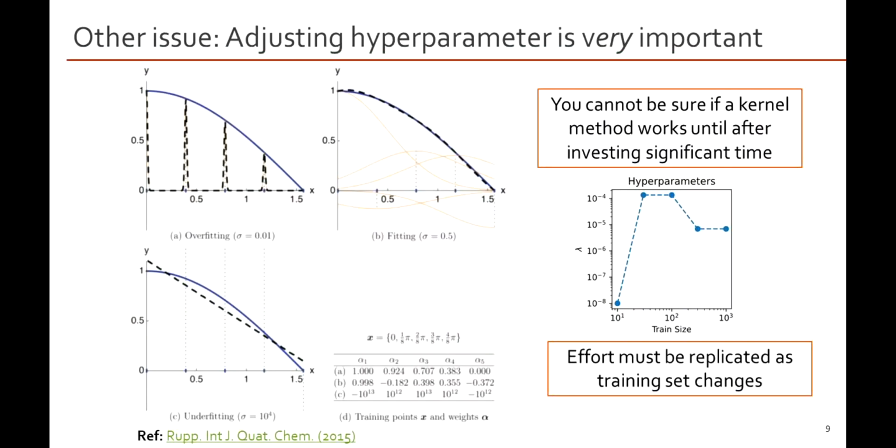Another problem with kernel ridge regression is that you have to be very sensitive about how you choose the hyperparameters for a model. And this is described well by a review paper from Matthias Rupp, where he shows a cartoon example of what happens when you try to fit this parabolic curve with a kernel ridge regression model.